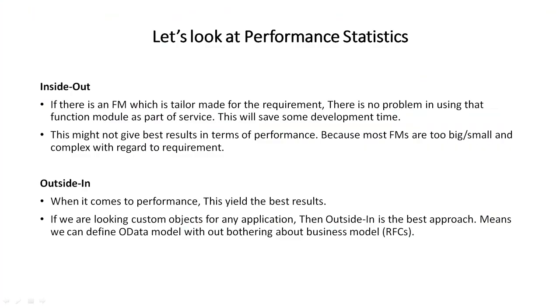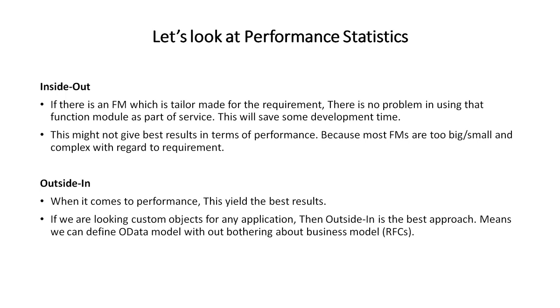So what generally is advised is, if there is a function module which fits your needs, then go for it. You don't need to write all this code extra. But if the function module covers just 50% of your needs, then you should not use that function module and should go for optimized code for your OData request.